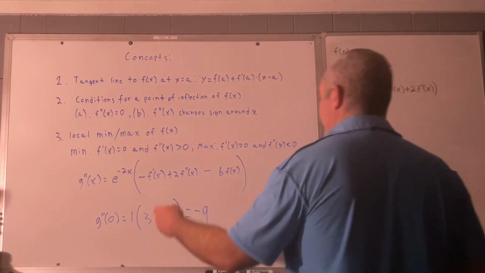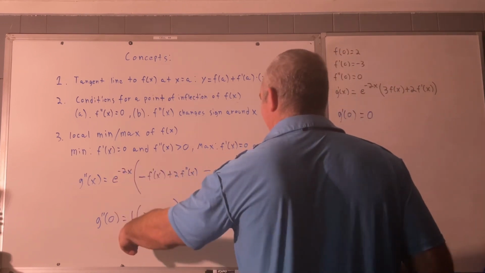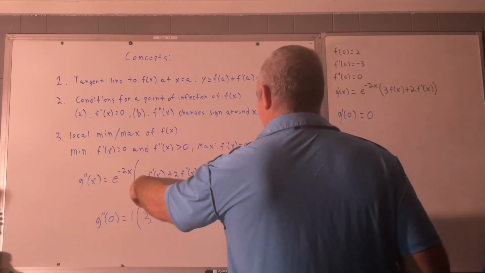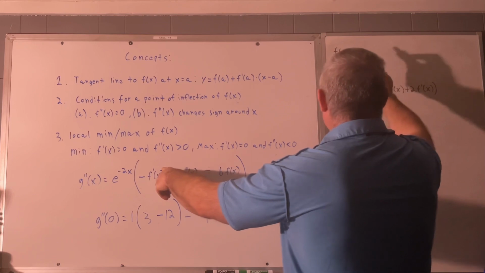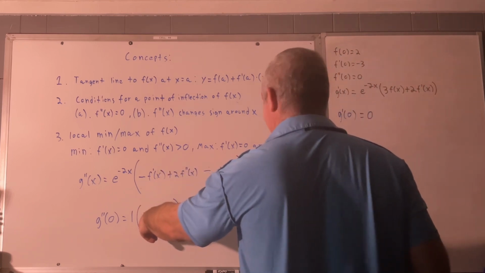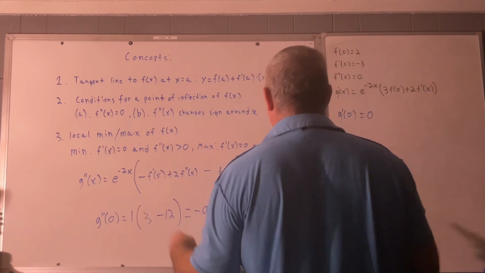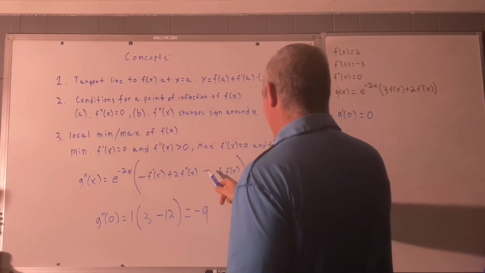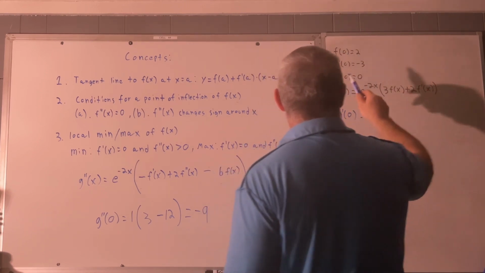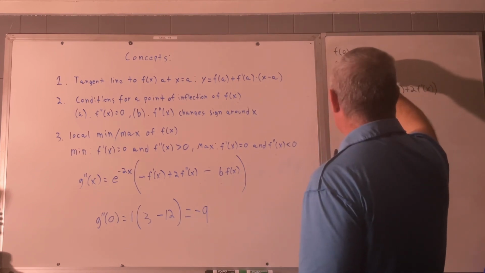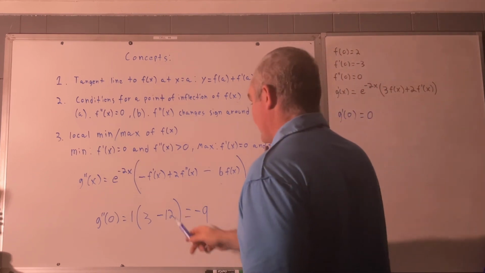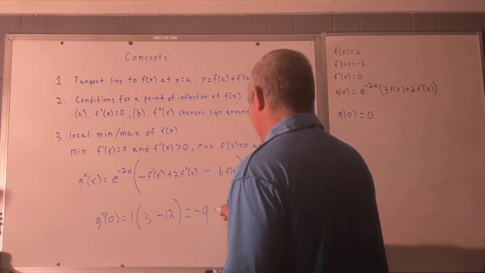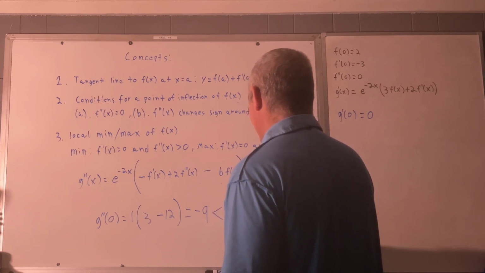Did I do that right? Yes. e to the 0 is 1, and then we have minus f prime of 0. Minus a minus 3 is a positive 3. And then minus 6 times f at 0. Minus 6 times 2 is minus 12. So that's minus 9, and that is less than 0.